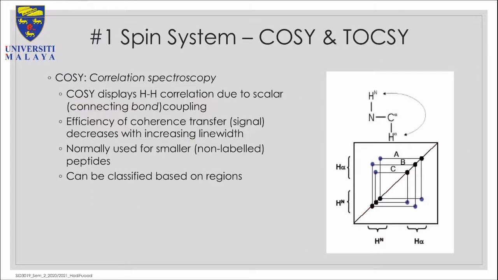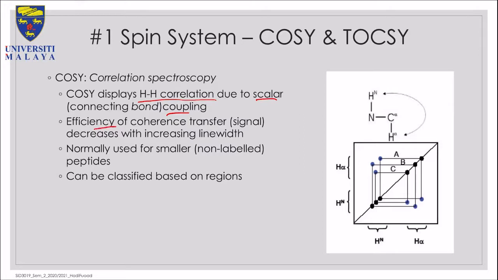All right. So if you look at COSY and TOCSY now, COSY, as we mentioned last week, is correlation spectroscopy. So COSY displays proton-proton correlation due to scalar coupling. Again, another terminology, scalar coupling, compared to dipolar coupling, which is more space connectivity, or adjacent in space.